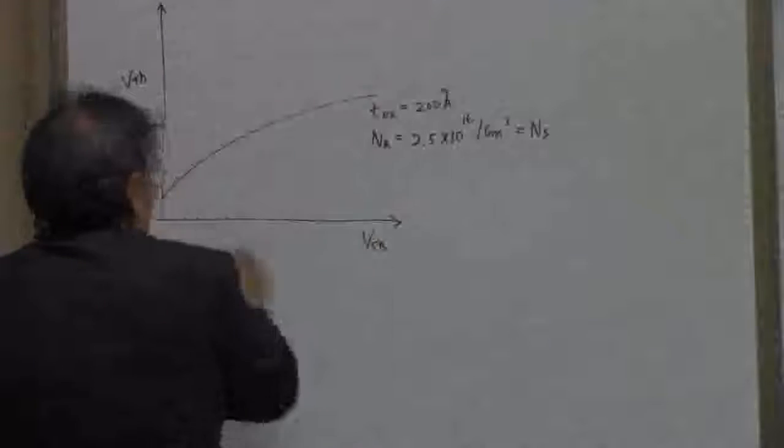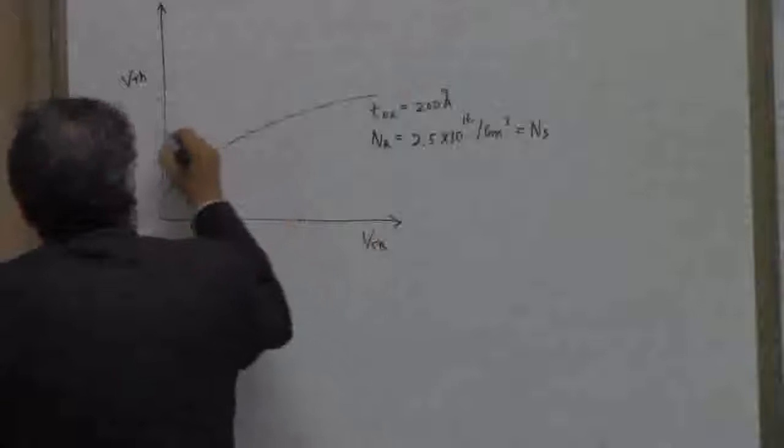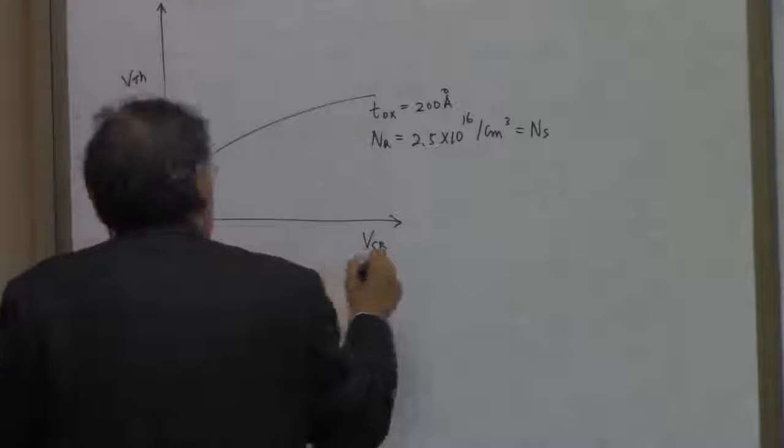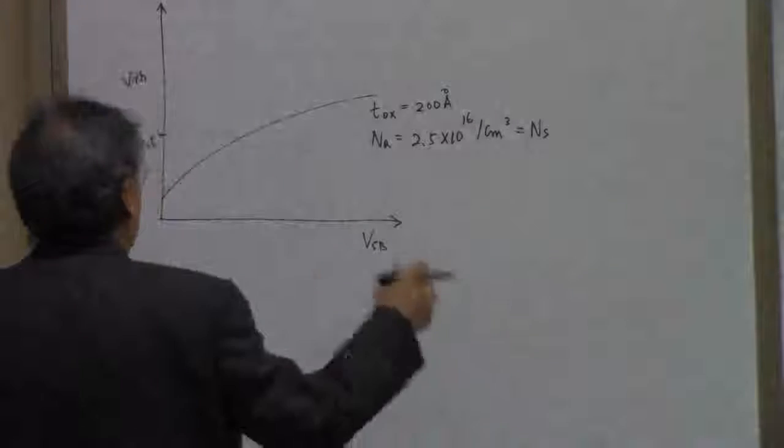Then threshold voltage and the VSO is going to change something like this. It's 0.5, and this is a substrate bias at 1, 2, 3, 4, something like that.